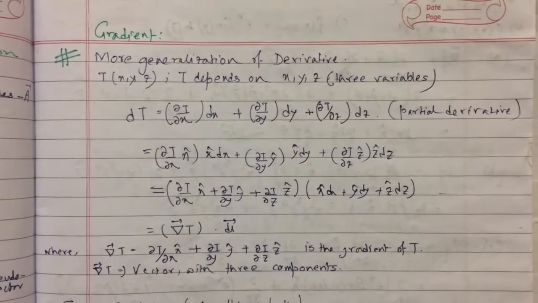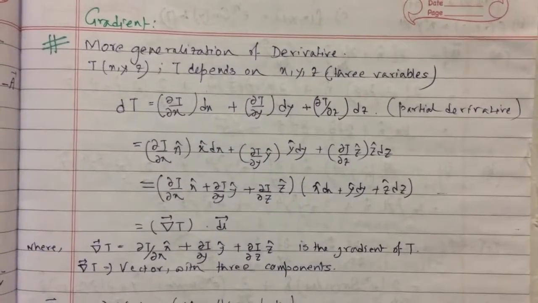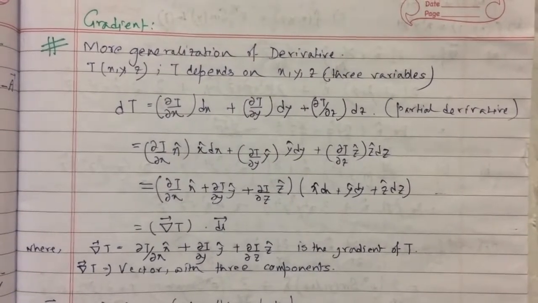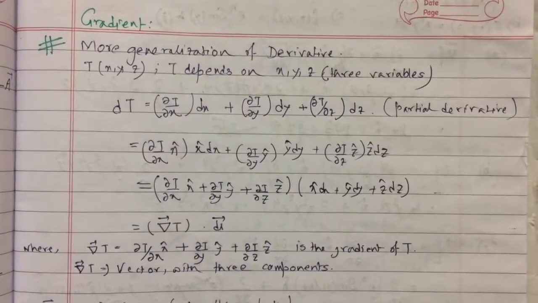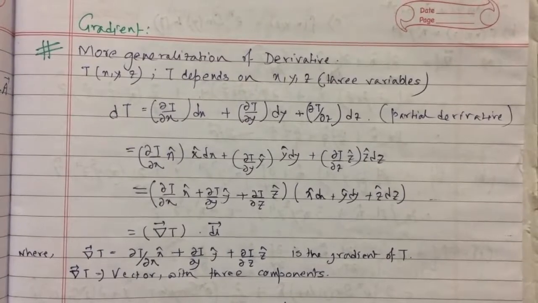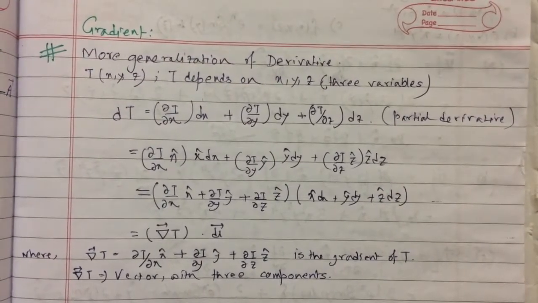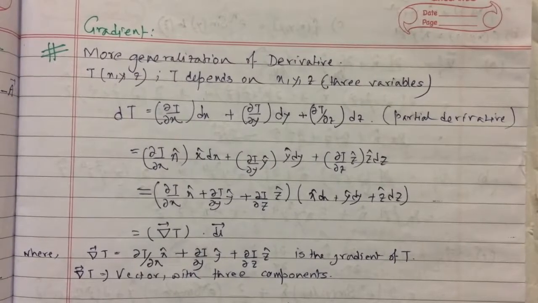Now if we have a function which depends on three variables, for example the room temperature. If you move along x, y and z direction of your room, then the value of the temperature will have different values.